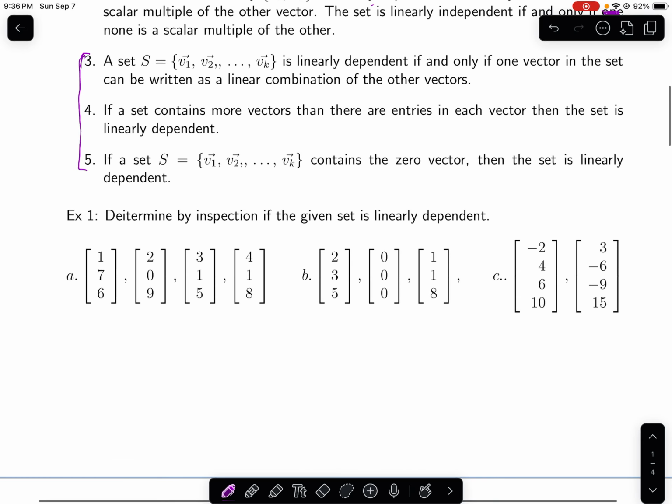So here is an example. Determine by inspection if the given set is linearly dependent. The first example, A: there are 4 vectors, with 3 entries in each.